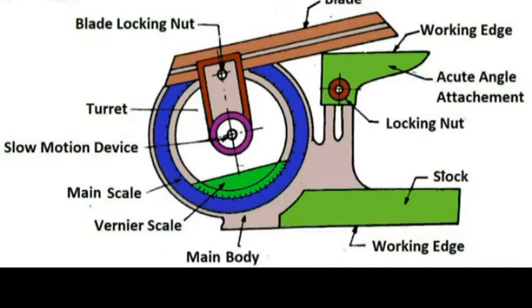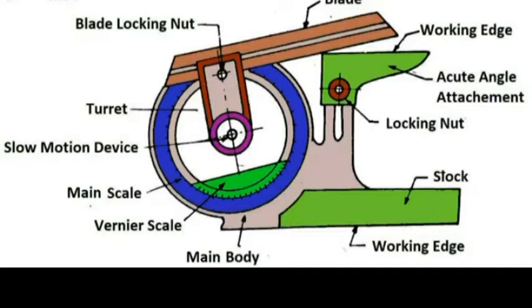An acute angle attachment is provided at the top, as shown in this figure, for measuring acute angles. The base of the base plate is made very flat so that it could be laid flat upon the work and any type of angles measured. The blade can be moved along throughout its length and can also be reversed.